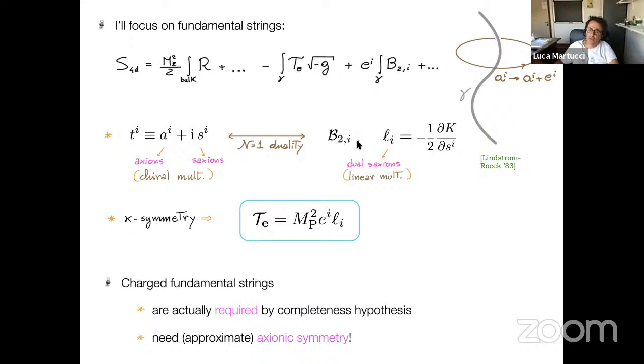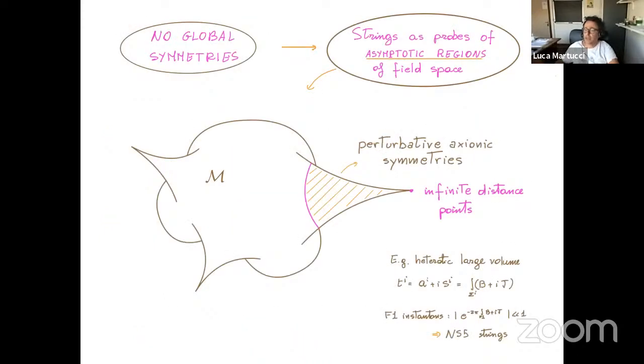Furthermore, once you have this description in terms of these two-form potentials, the dual description in terms of axions has an axionic symmetry. So it's symmetric under continuous shifts of these axions. On the other hand, the presence of such a continuous shift symmetry is clearly in tension with the other quantum gravity criterion that I mentioned, namely the expected absence of global symmetries.